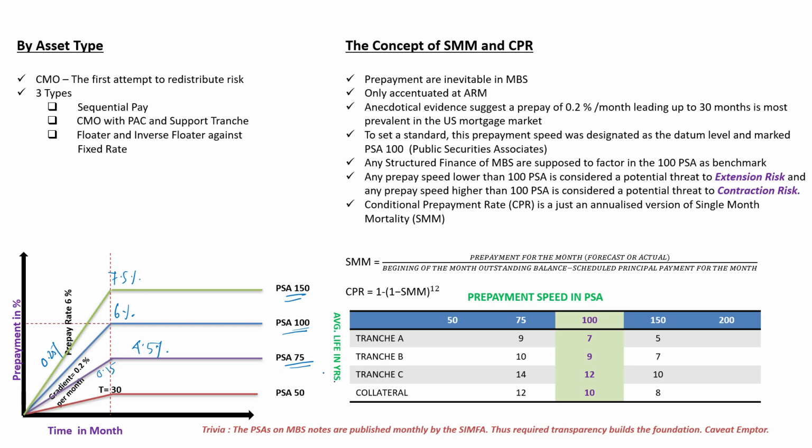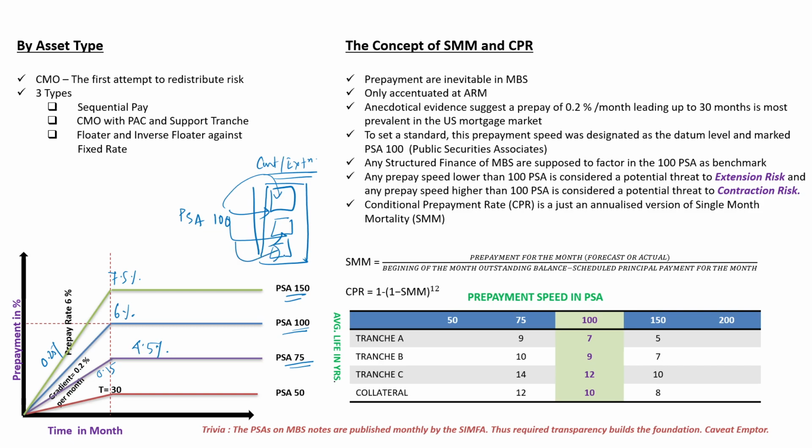Now, what does this mean? If the prepay speed remains at PSA 100, the structured notes could be so conceived that they become perfectly immune to any sort of contraction or extension risk, because the prepay speed is already accounted for in this structure, so there is no threat of any additional prepay happening.